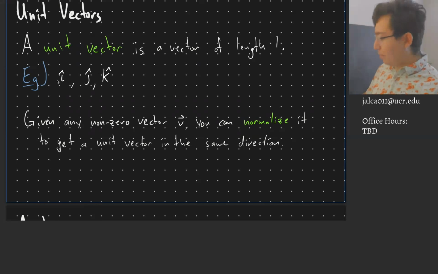Something like the square root of 2 plus the square root of 2. Did I do that right? No, that has length 2. So I need to divide by, actually, 1 over the square root of 2. That's what I was thinking.